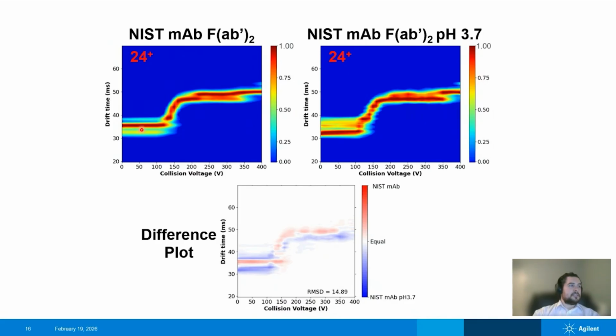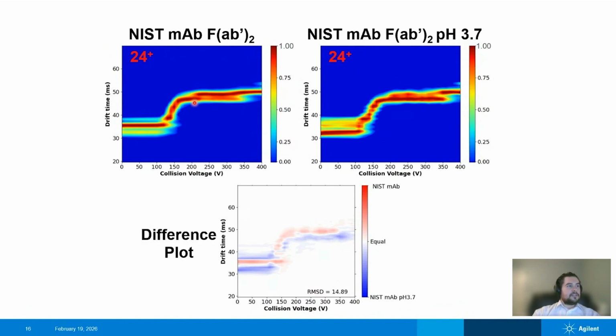And so especially at the beginning, we have 2 conformers here. Obviously, we have a dominant conformer and a less populous conformer there. But it tends to switch with the stressed sample. And then going up here, we start to get these unfolding transitions at around 150 volts of energy.